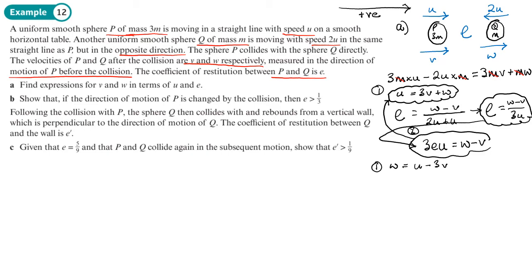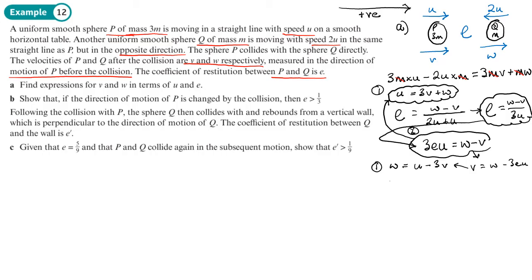Then I can use this equation here. If I rearrange it to make v the subject, I will have v equals w minus 3eu.